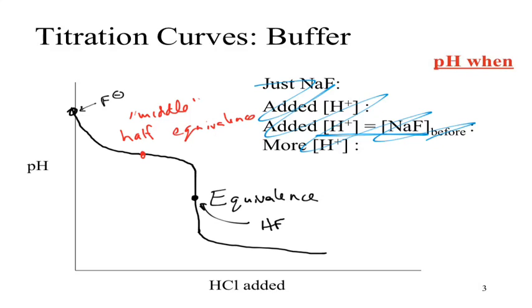It's halfway to the equivalence point, so it's the half equivalence point. What happens at that point? The pH equals the pKa, or the pKb in this case, because we're looking at the base.